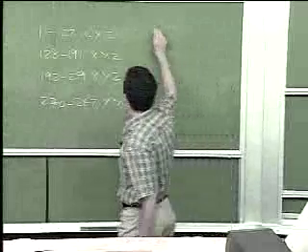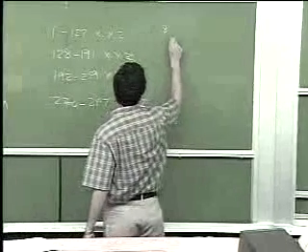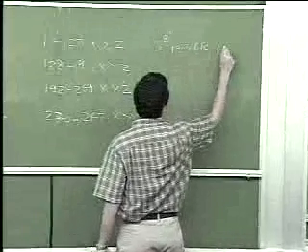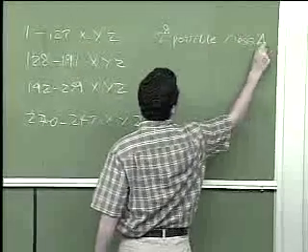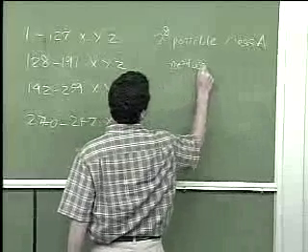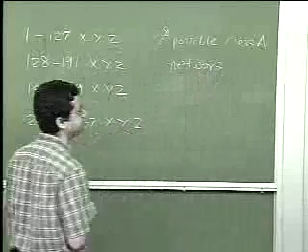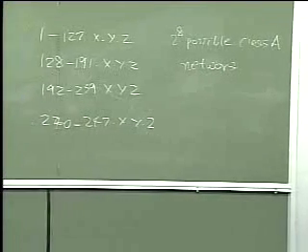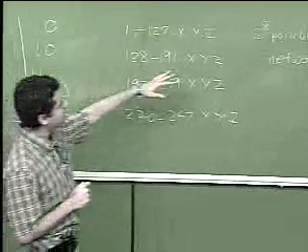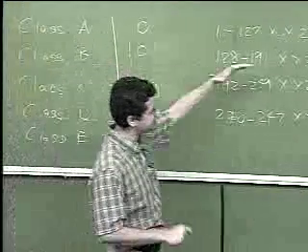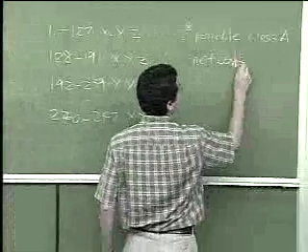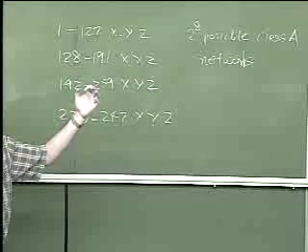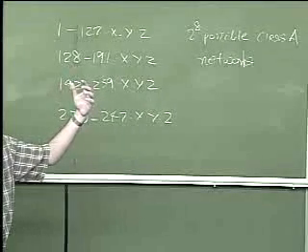So what that means was that there were 2 raised to 8 possible class A networks. So you assigned a particular class A address to one of these networks, and then these networks had the freedom to choose the rest of the 24 bits for their node in the network.